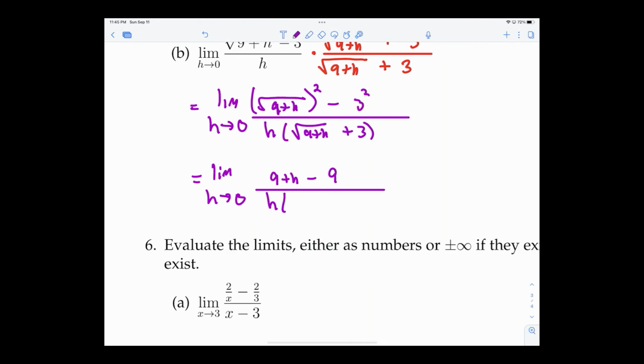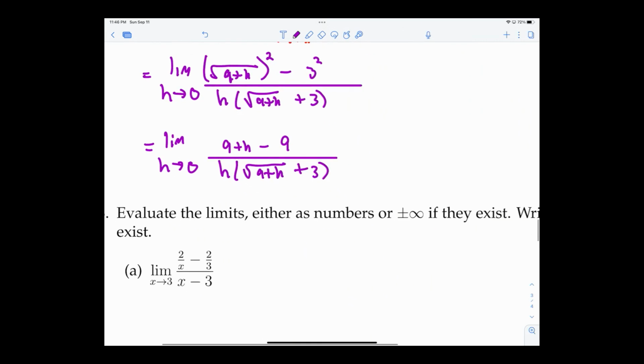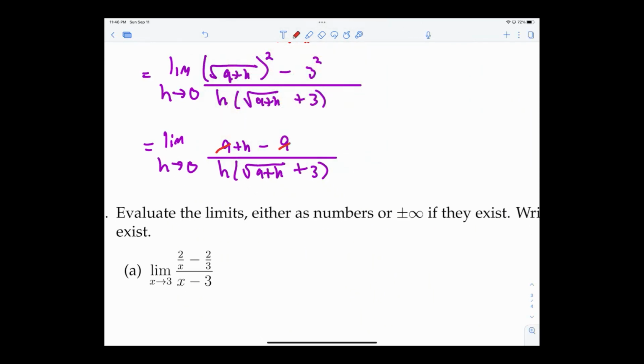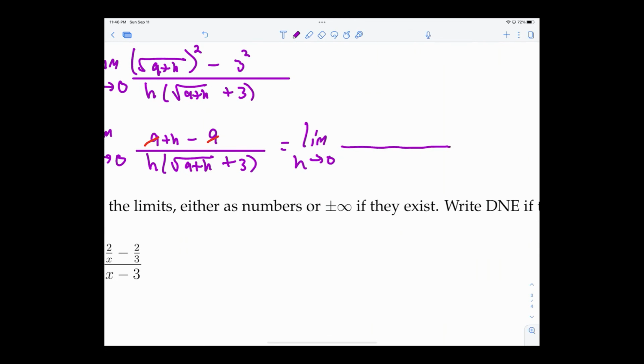In the denominator, don't do anything. Just keep writing it. So what happens in the numerator, I think is obvious. The 9's cancel. Then you've got an h up there.